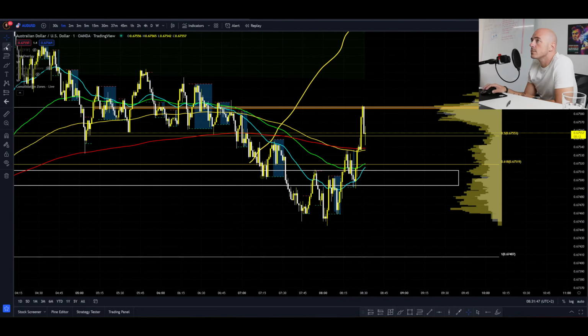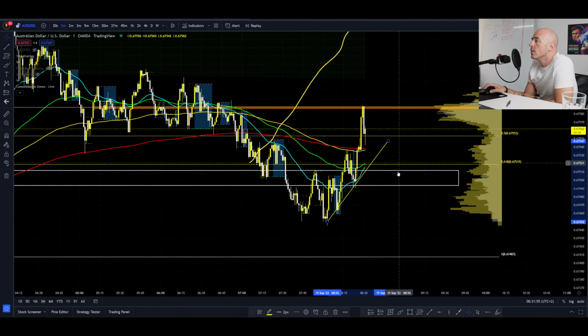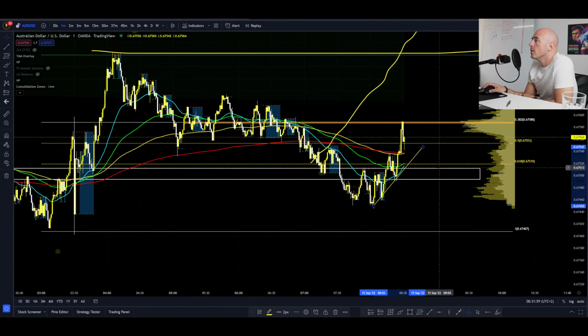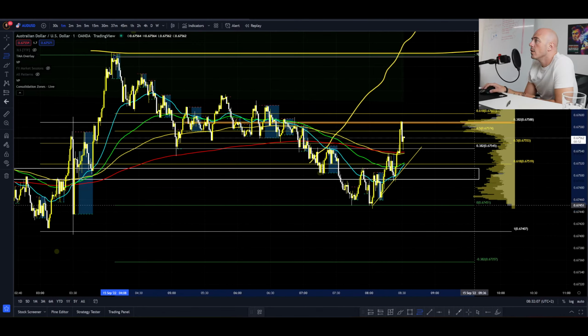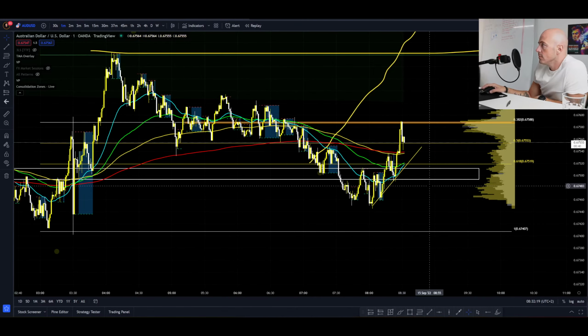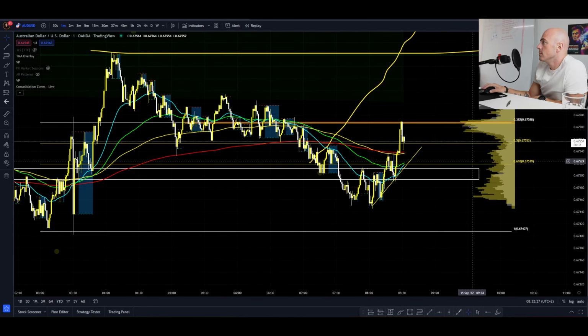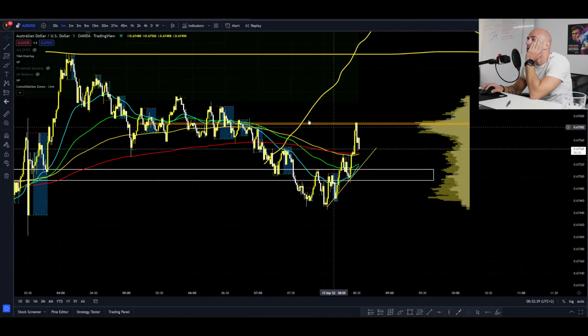So currently in a gold zone. Yeah, this is move down, retrace up, gold zone.